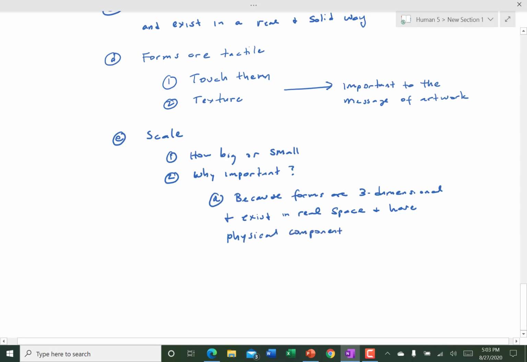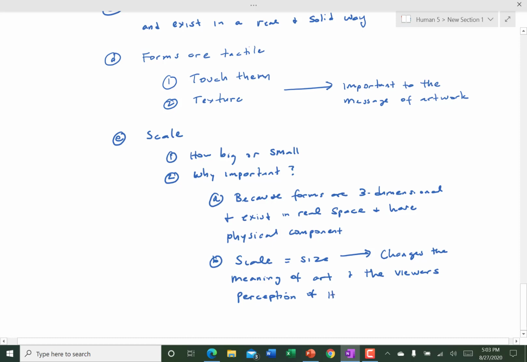What happens is that the scale, which is the size, changes the meaning of the art, and the viewer's perception of it.